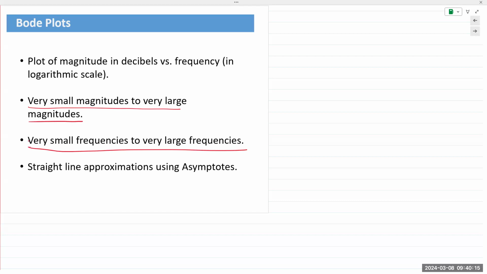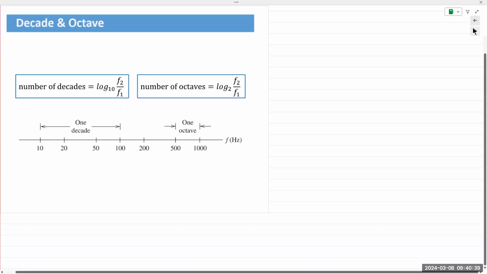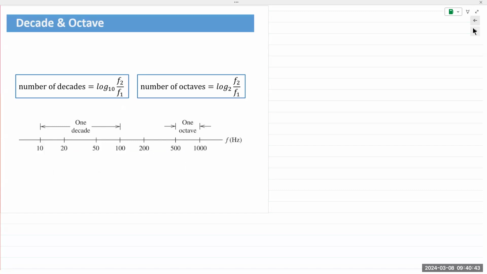So what it actually is, it's a plot of the magnitude of the transfer function in a special unit called decibels versus the frequency. And that frequency on the x-axis is on the log scale. It's not linear, it's log. It's a straight line approximation using some asymptotes. When we go to the log scale, we count the number of decades.